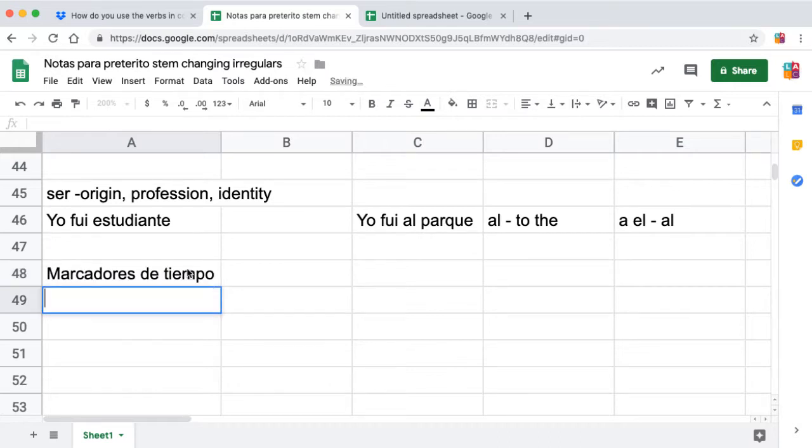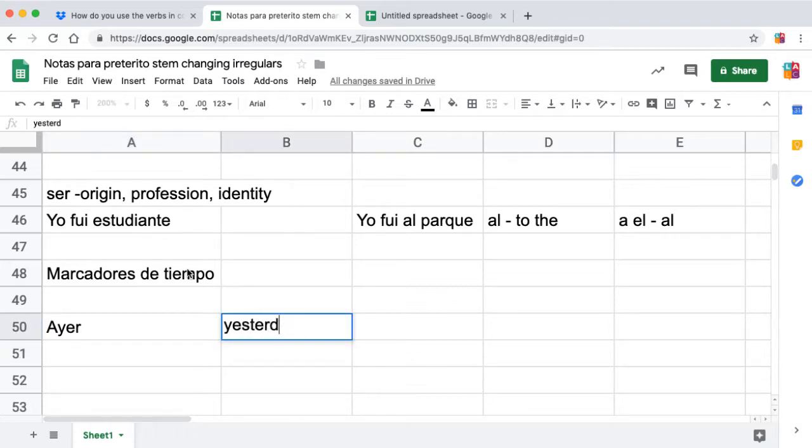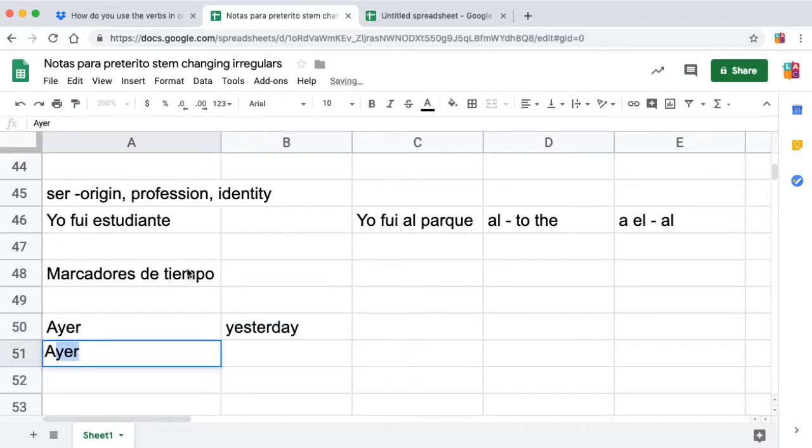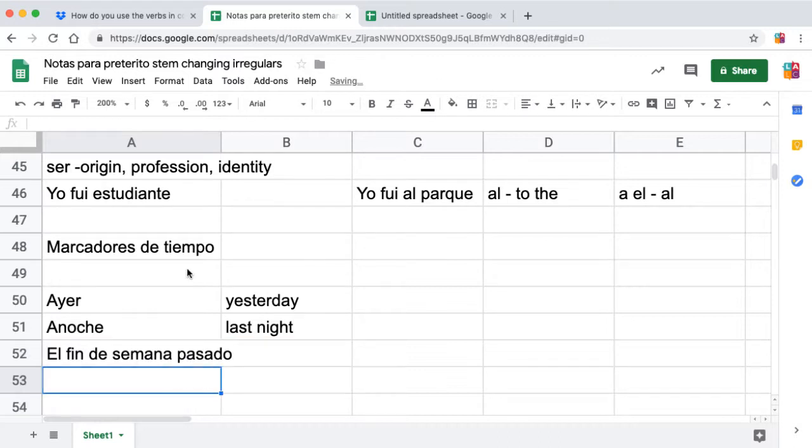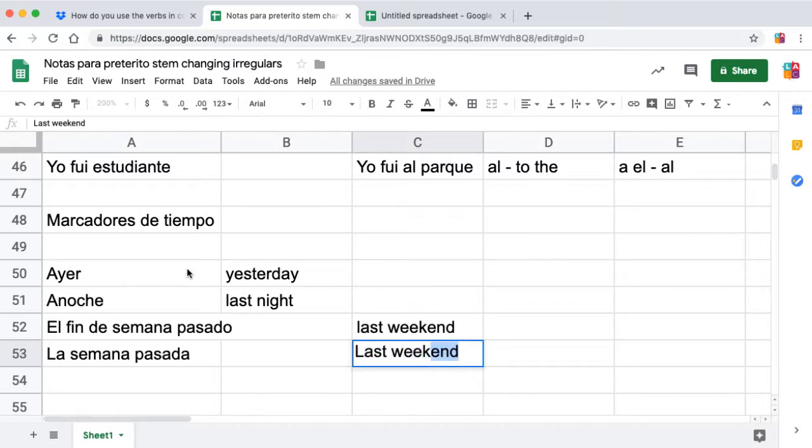For example, in the past tense, ayer means yesterday. I want you to study the main ones. Yesterday, anoche, last night, okay? Then this is important, el fin de semana pasado, last weekend, or la semana pasada, which is last week, okay?